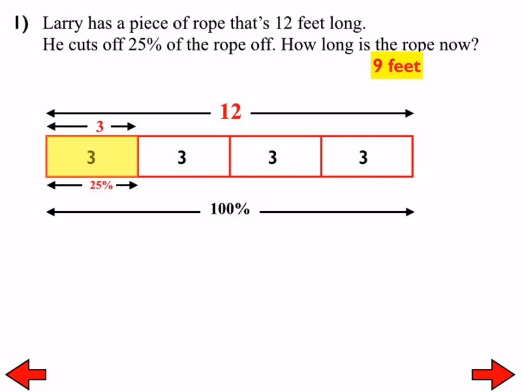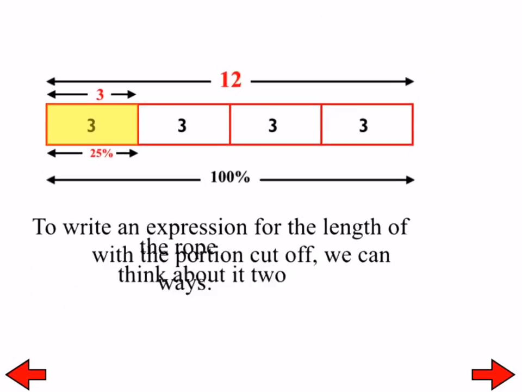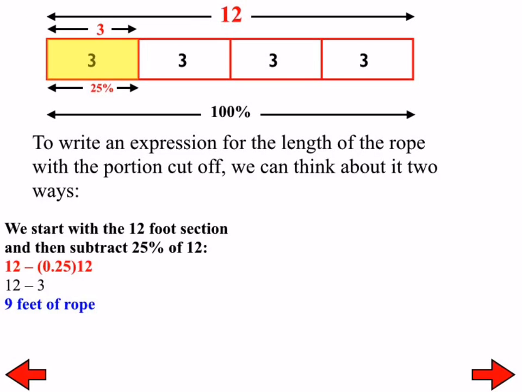So there's 2 ways of looking at this. And one way, and we should definitely make sure we take good notes here, is to think of it like we're starting with the 12-foot section, and then we're subtracting 25% of the 12. And that's kind of what the tape diagram shows us.